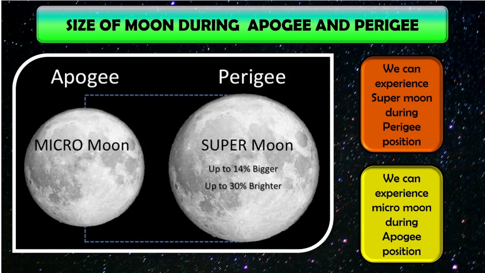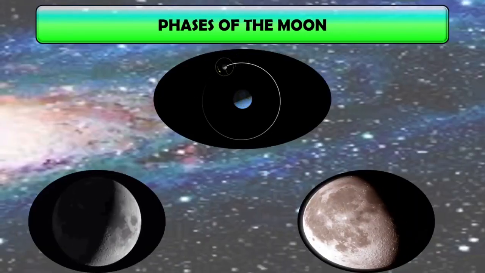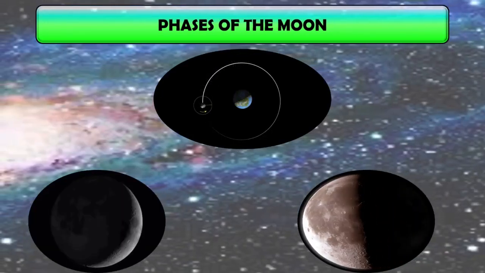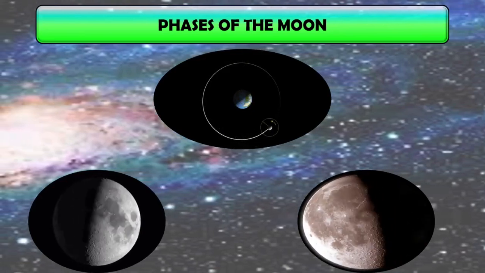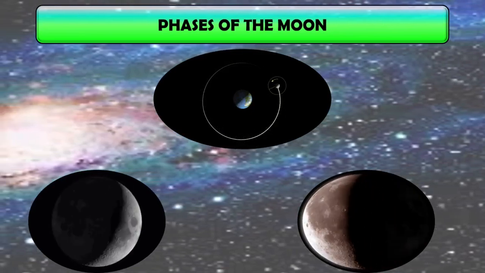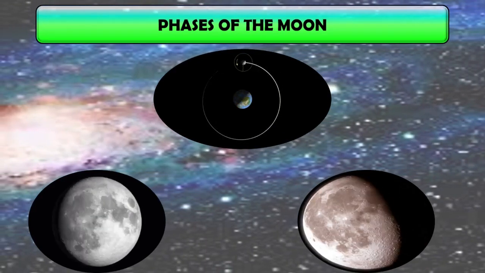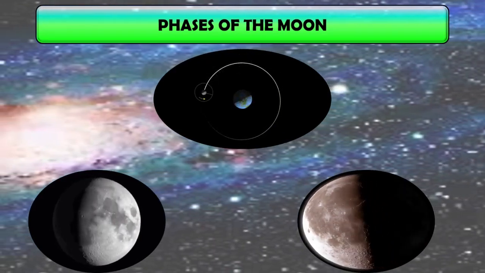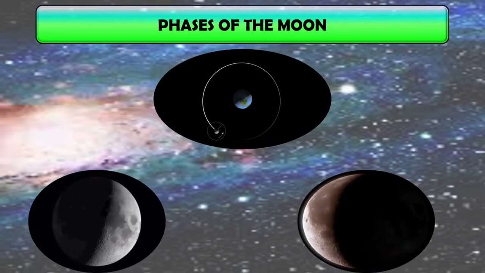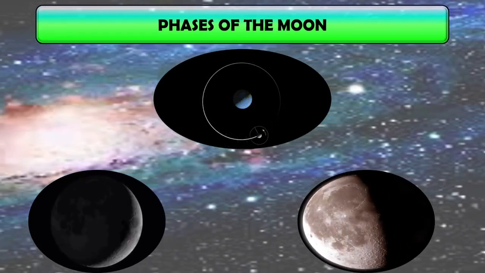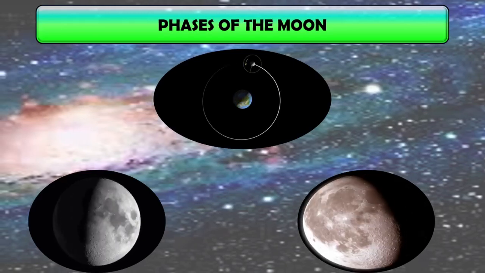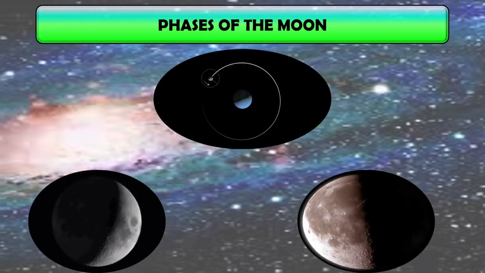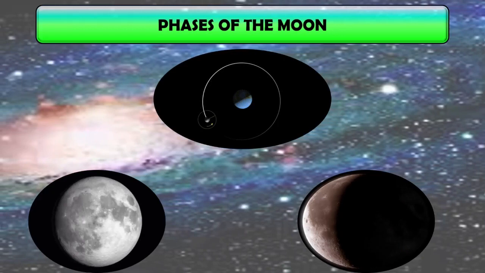Now let us understand about phases of the moon. The moon has something which we call phases, which means it appears to change every night. In order to understand why this happens, we have to discuss how the moon and the earth move together in space.